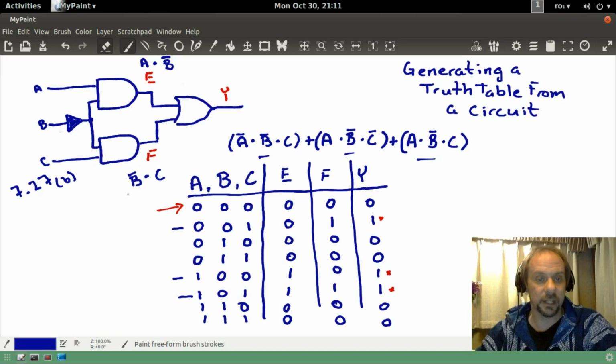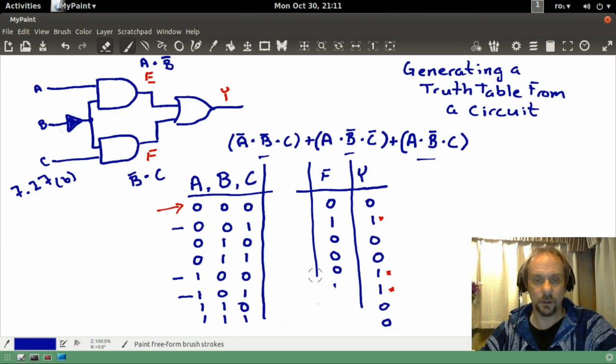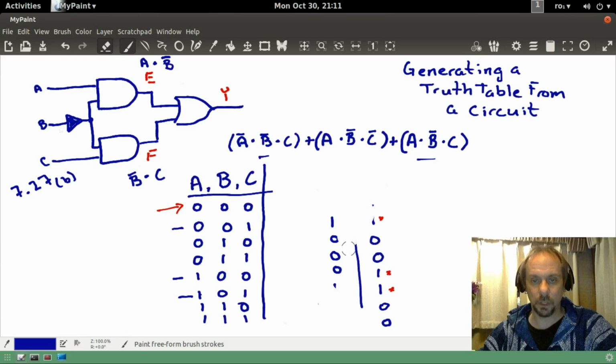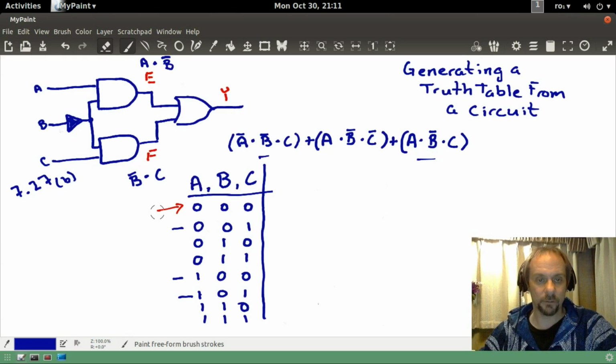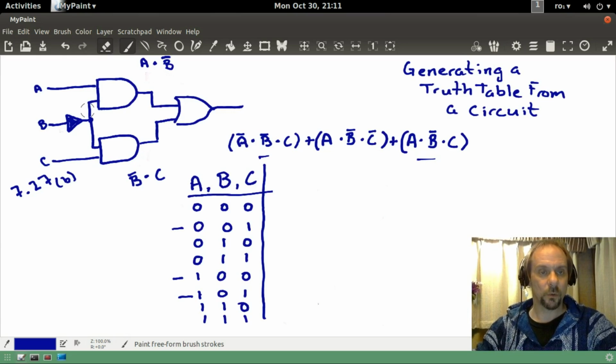So rather than doing this, I can get rid of that, and sneak in here, and sneak in right there. Okay, good.